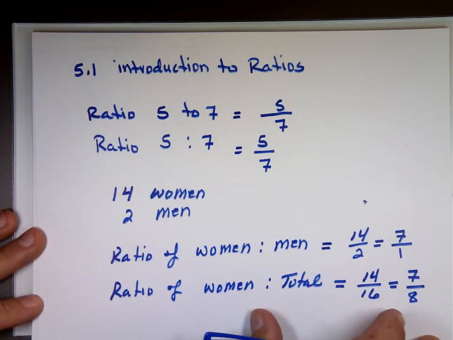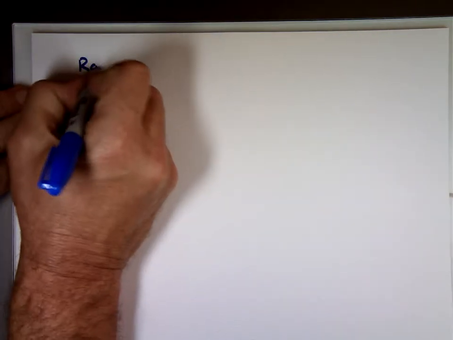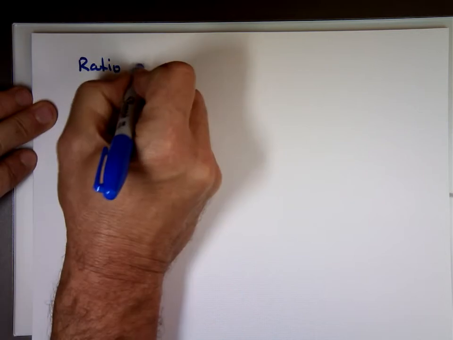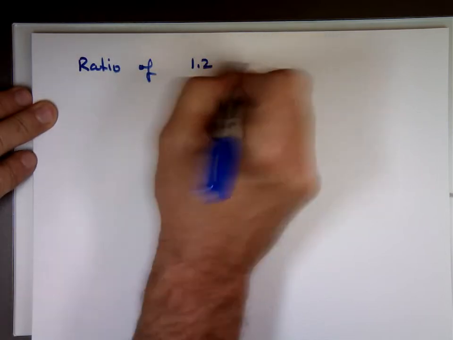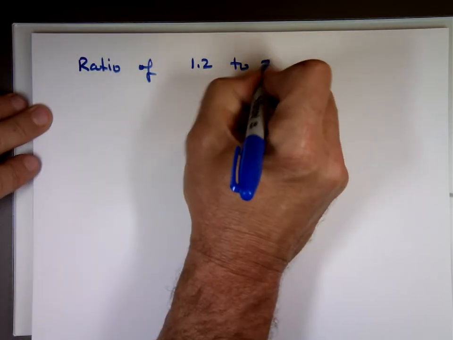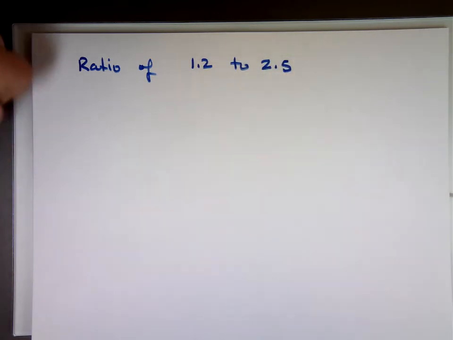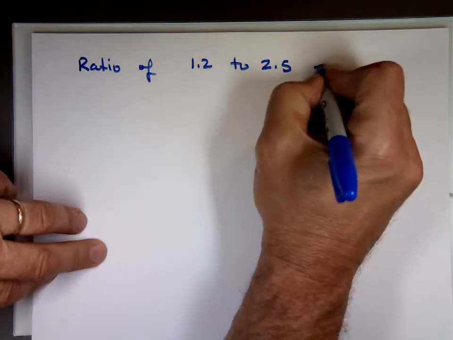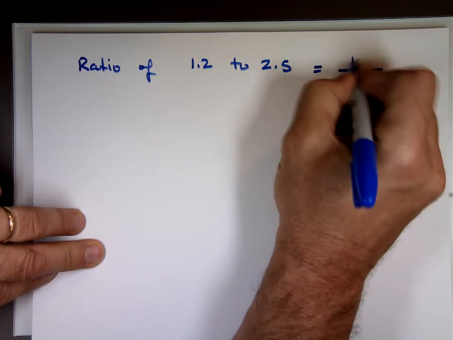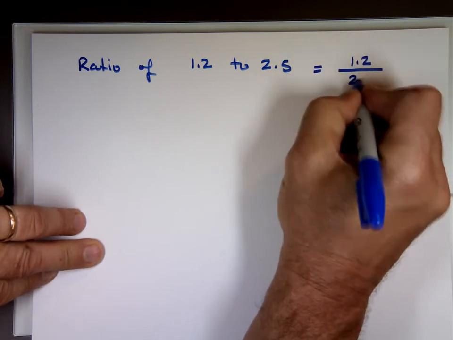Now, sometimes you have decimal values. We might give you the ratio of 1.2 to 2.5. So when you make that a fraction, that's what? 1.2 over 2.5.